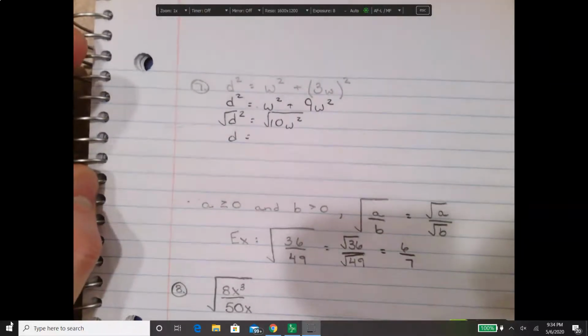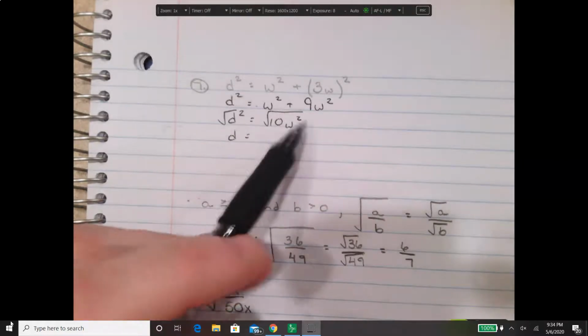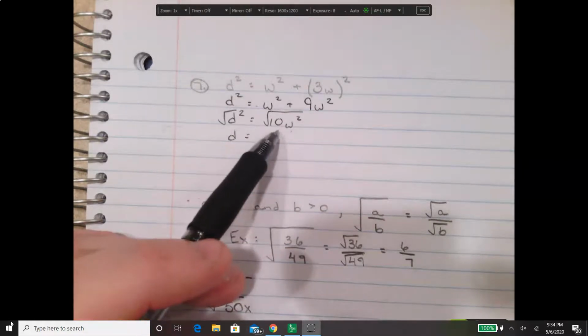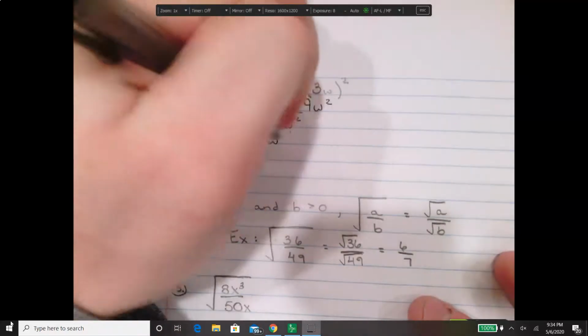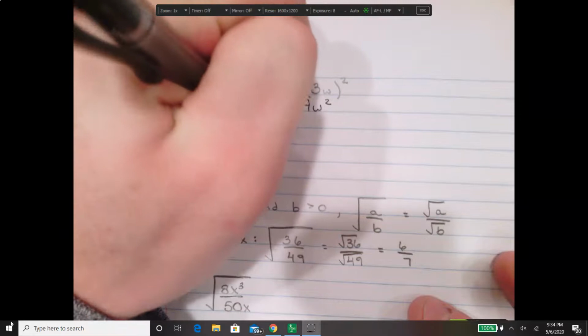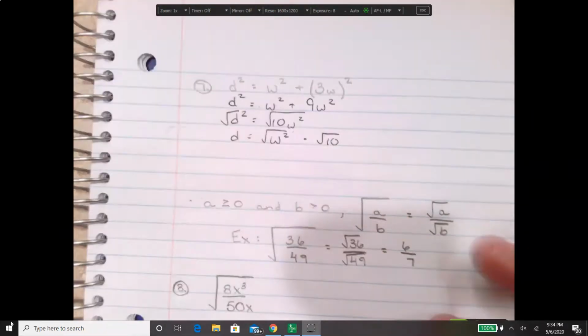How can I break up 10w squared? This is one, guys, where actually I'm going to use 1, and that's because I can get rid of this w squared, but I can't really do anything with 10. So when I break this one apart, I'm going to break it apart into w squared times radical 10.